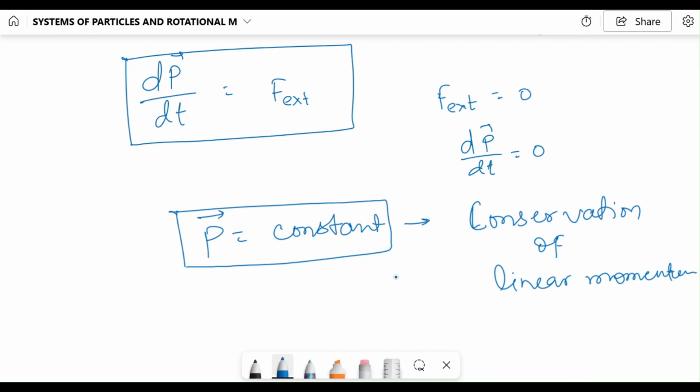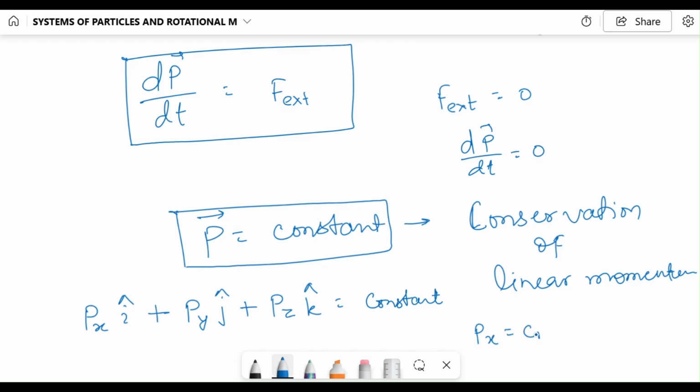Now, this is a vector, and if we want to get some more information, we can write it in its component form, and we know that these components are independent of each other. So we can write here equals some constant, this is some constant C1, this is some constant C2, and this is some constant C3.